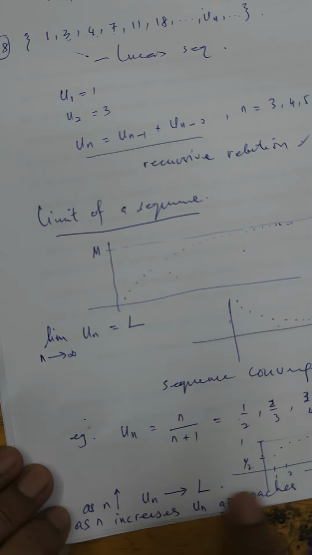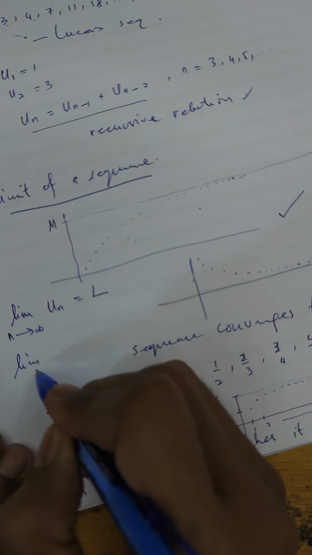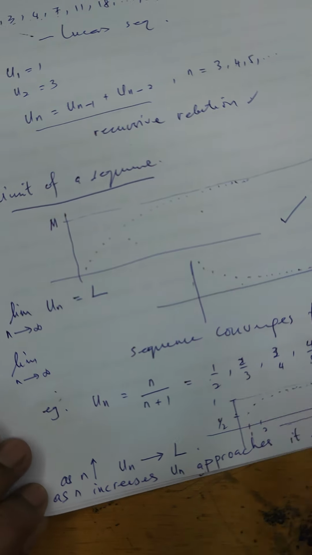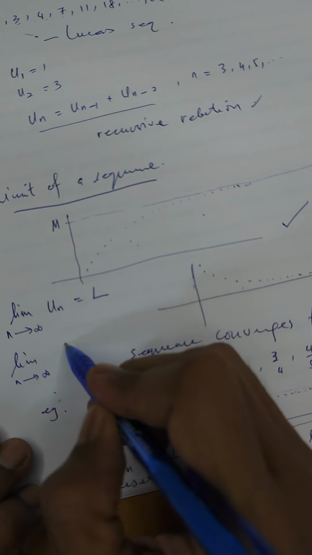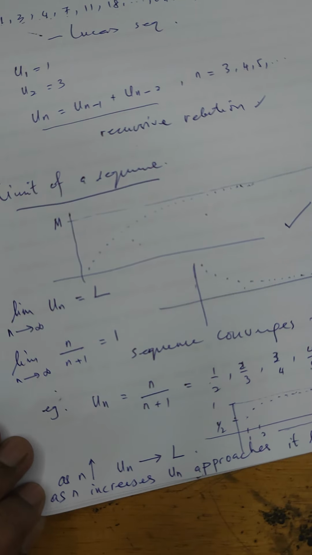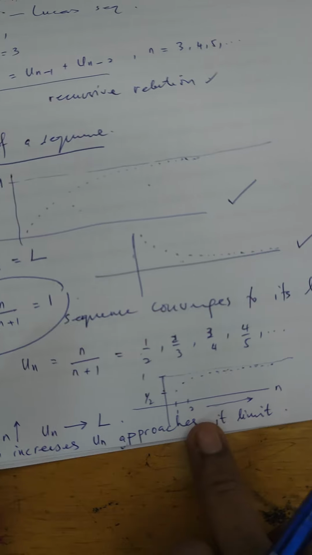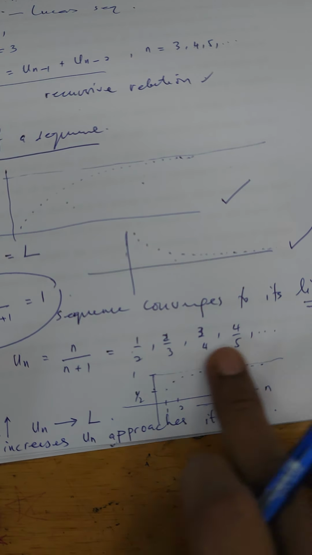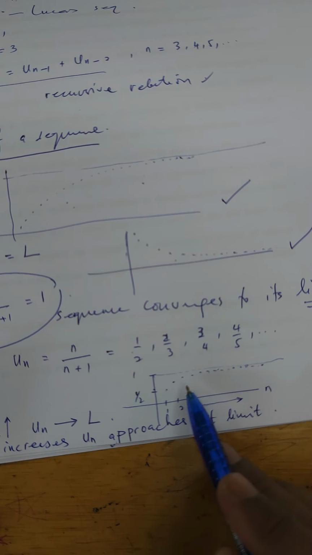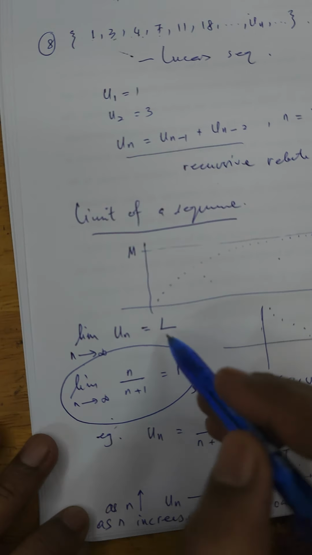For example, in this case, the limit as n goes to infinity of n over n plus 1 is equal to 1. This example, represented by this sketch, as you can see, approaches its limit. Generally, we have this.